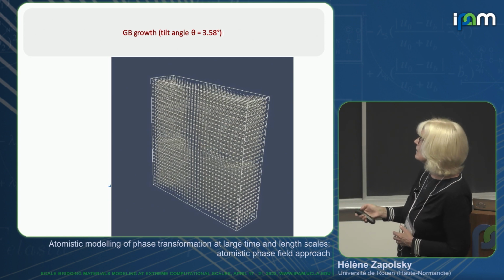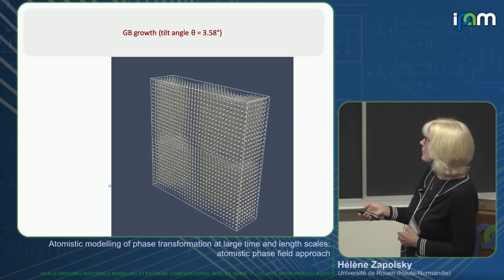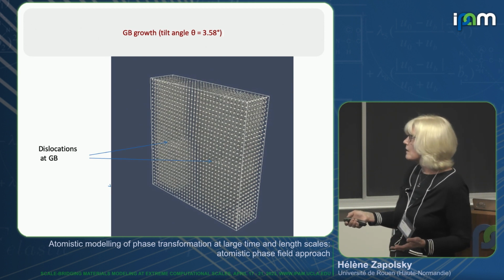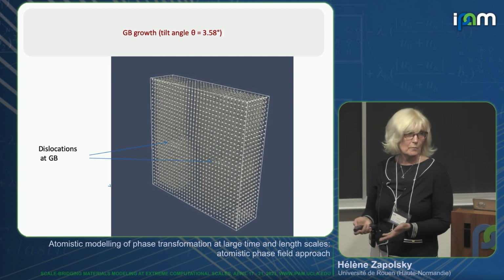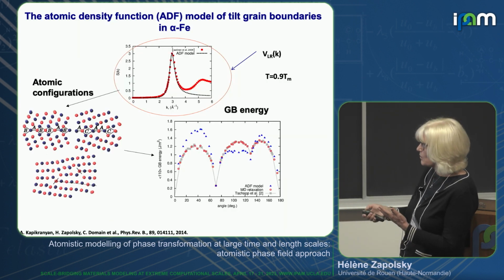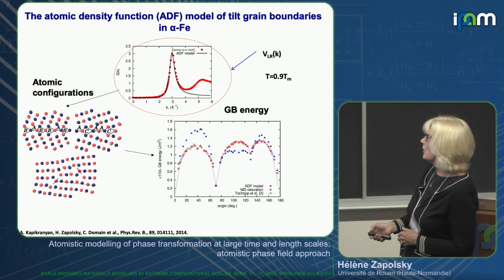In this case, theta equals 3.58, and we obtain the two grain boundary dislocations, which is usually obtained by molecular dynamics simulation. Following this way, we can obtain the configuration of all these grain boundaries, as you can see here.